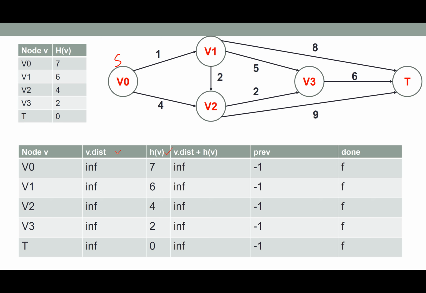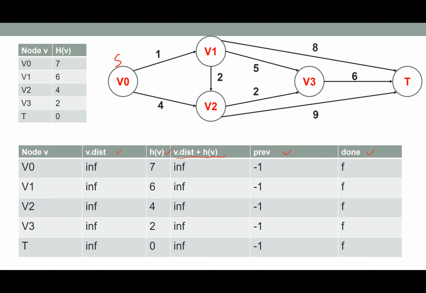The heuristic is fixed, and then we are looking at the sum of the dist with the heuristic. This is the value that we will be using as the priority in the priority queue. We still have the previous for the path, and we still have done, just like before. The only difference is the value in there.